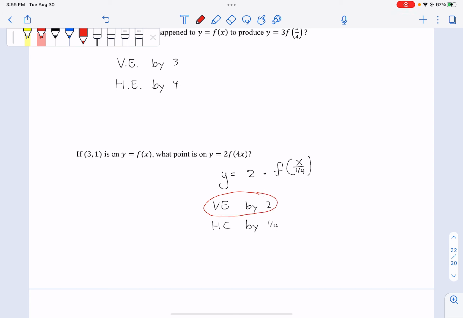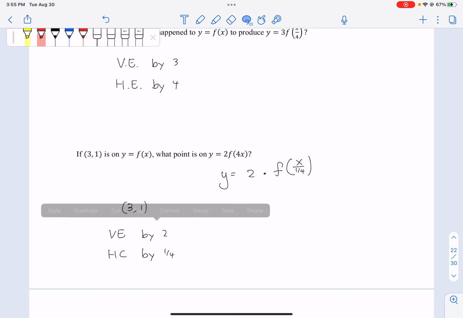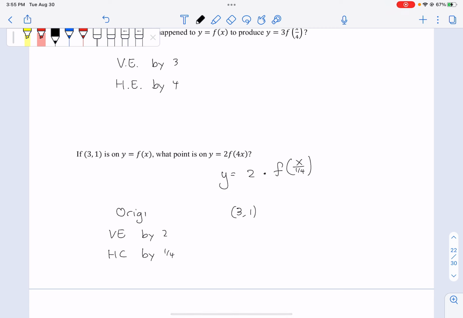Vertical expansion means you multiply the y value by 2. So this is the original, 3, 1. Vertical expansion by 2 becomes 3, 2. And a horizontal compression by 1/4 is you times the x value by 1 over 4. So that's 3 over 4, 2. And there you go.